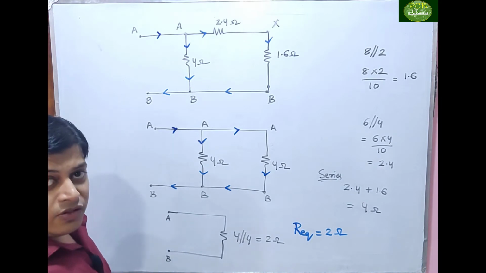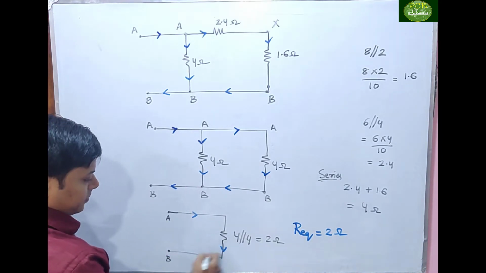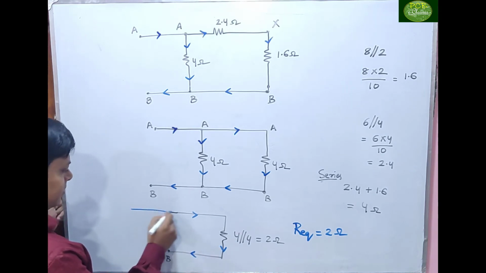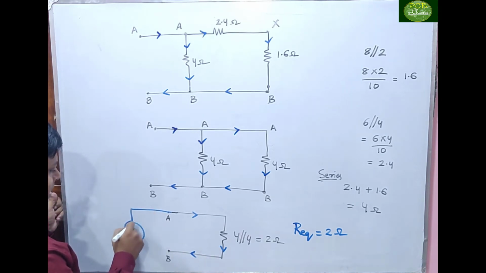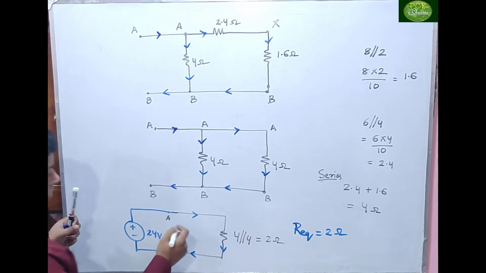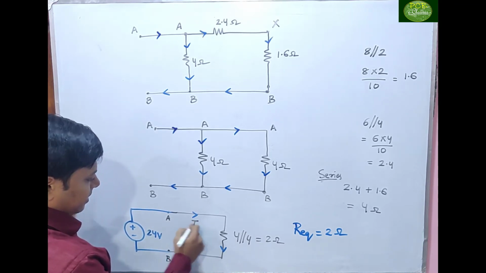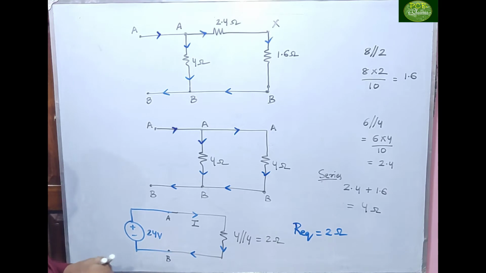Now go back to the question. In the question, what is the circuit? Here 24 volt is connected. So in the question we have to find out this current I. What will be the I?